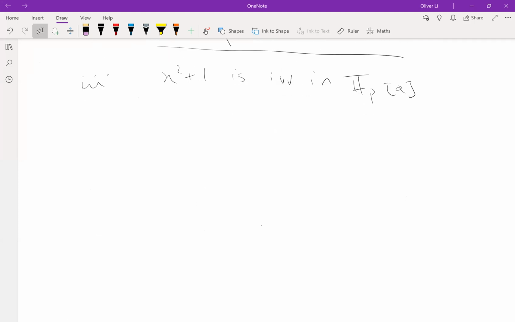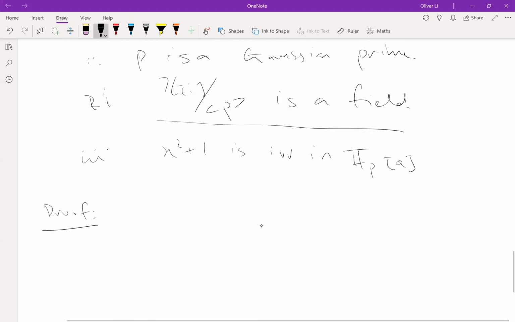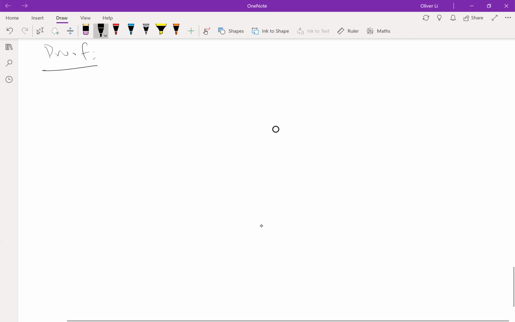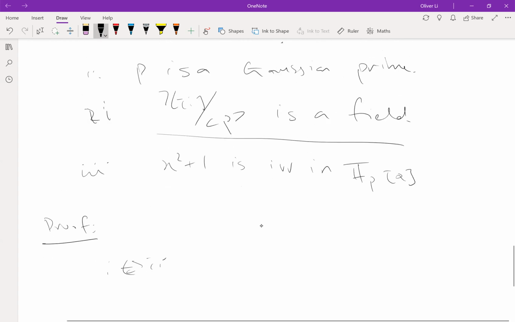So the proof is, this is where I really like this, because it just uses like 320 machinery in a pretty nice way. So equivalence of 1 and 2 is simply, I say this is trivial in the notes, but I'll briefly explain.